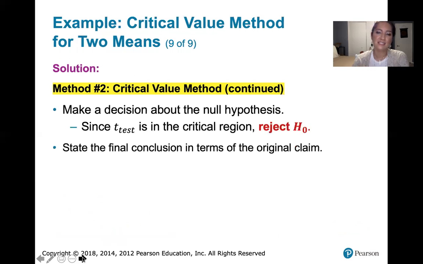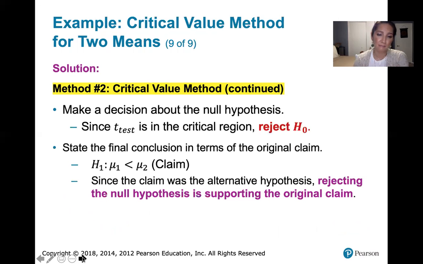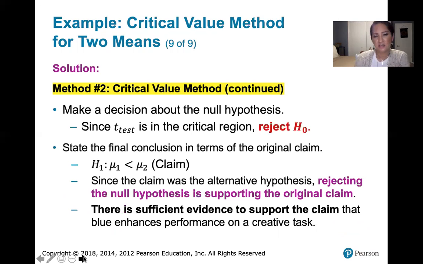Now, after we decide that we're rejecting the null hypothesis, we need to state our conclusion in terms of the original claim. Our claim was that the first mean was less than the second mean. So when we reject the null hypothesis, we're actually supporting our claim. So we would say there is sufficient evidence to support the claim that blank.